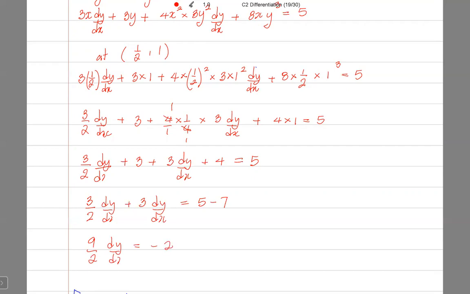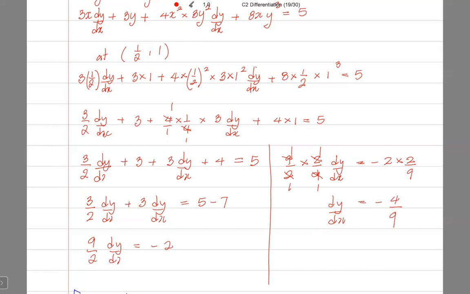Then I'm going to multiply both sides by 2 over 9. So therefore, I'm going to get 9 over 2 times 2 over 9 dy by dx is equal to minus 2 times 2 over 9. dy by dx would be equal to minus 4 over 9.